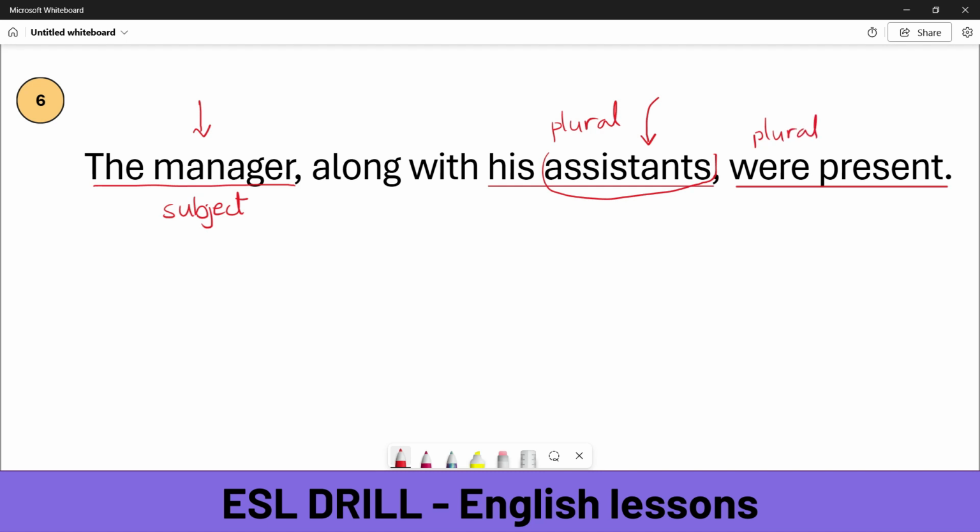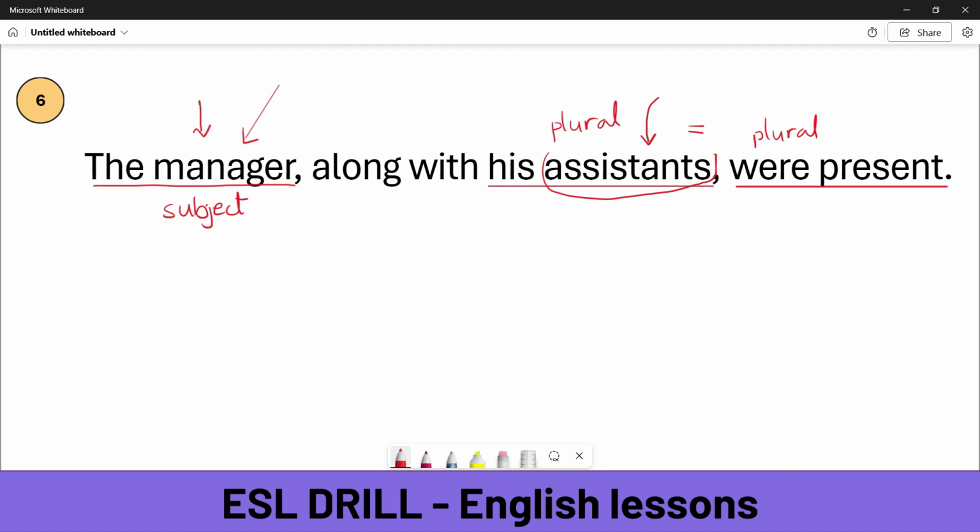That is why we think that there is an agreement between the subject and verb. But the problem is here, assistants is not the subject. We are talking about the manager. It's not who the manager is coming with. We are not worried about other people. We focus on the manager.